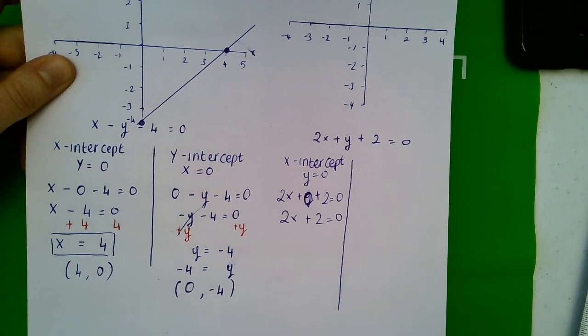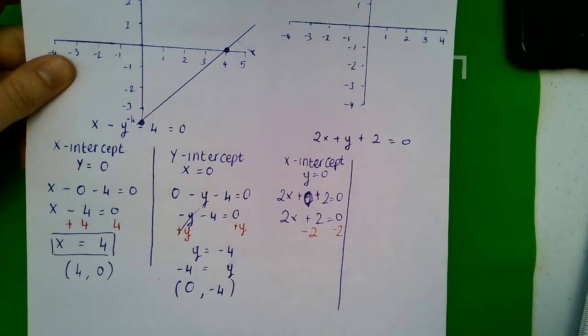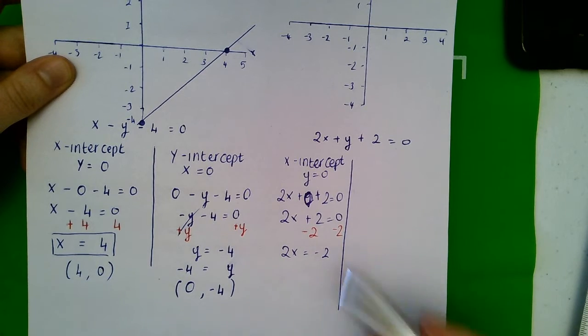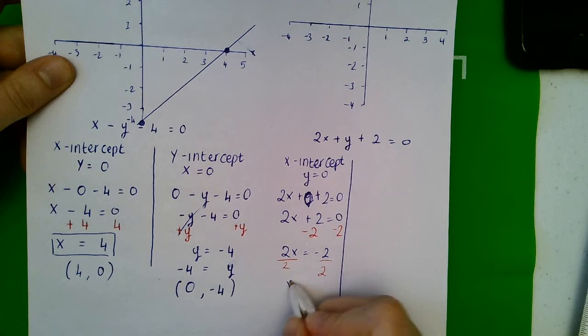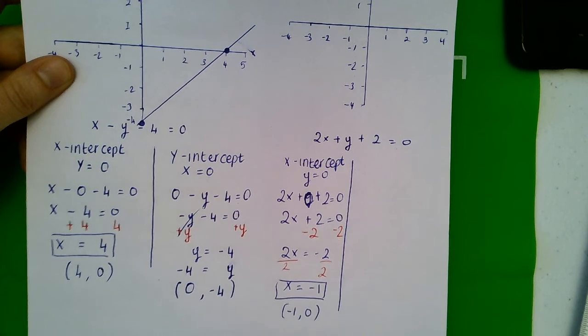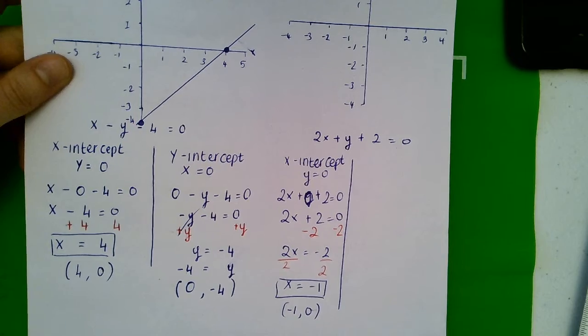We take 2 from both sides and we get 2x equals minus 2, and then we divide both sides by 2. So here we have x equals minus 1. We can write that as a coordinate, minus 1, 0, because when y is 0, x is minus 1. That's where the coordinate comes from.